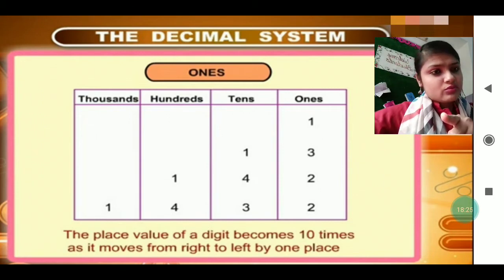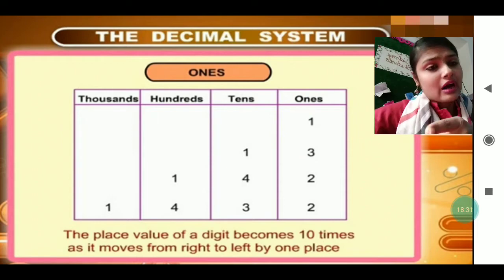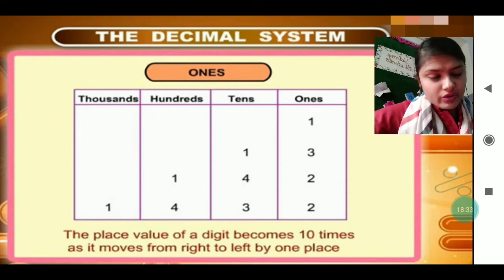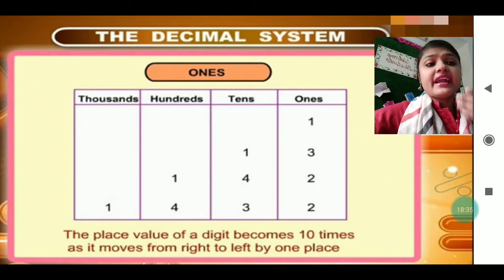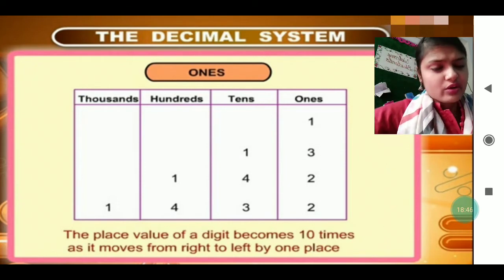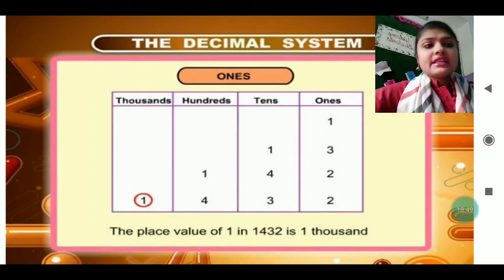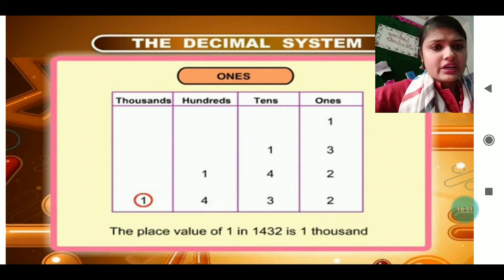From 1 to 10 it is moving, then 10 times increasing, then 10 to 100 it is moving, then 10 times increasing, then 100 to 1000 is moving, then again 10 times increasing. So every time it is 10 times, from 1 to 1000, or further also we can go. In the same way, you can see in this question what it is written.